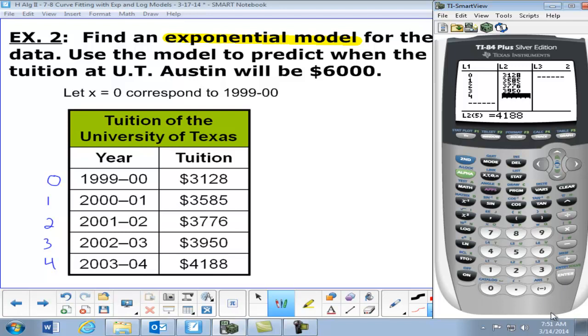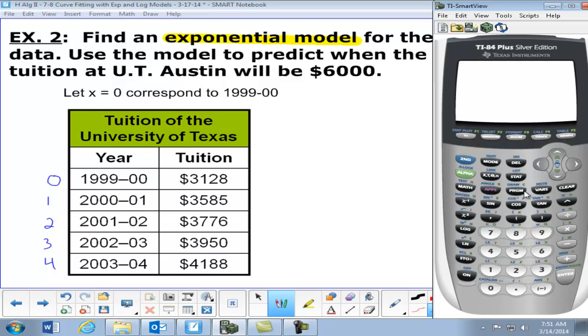Just going to double check that I got these entered right. Okay, perfect.